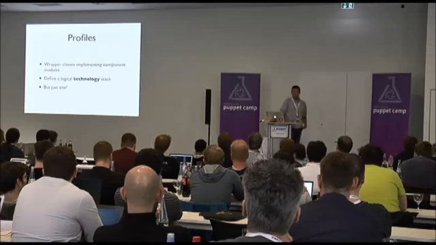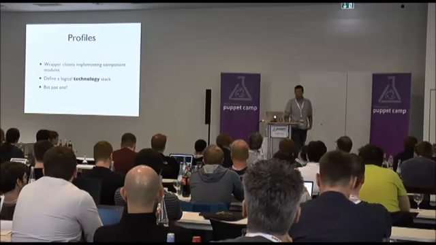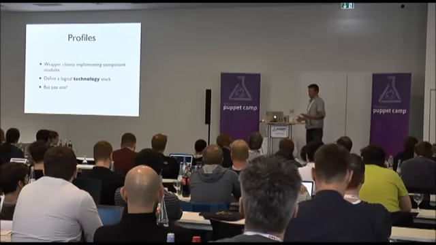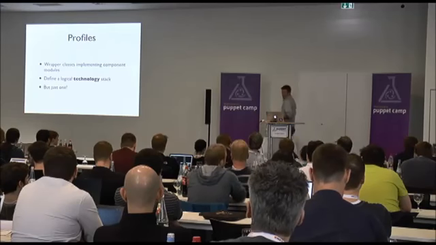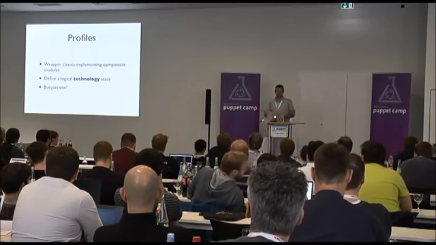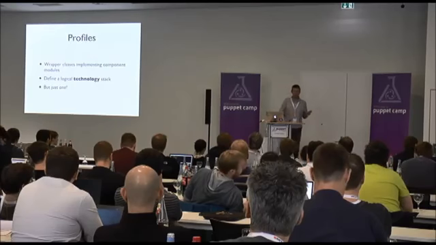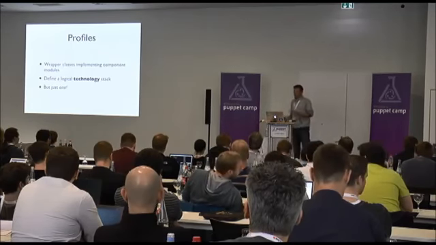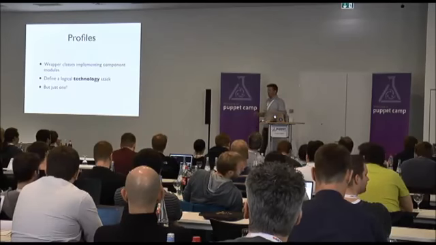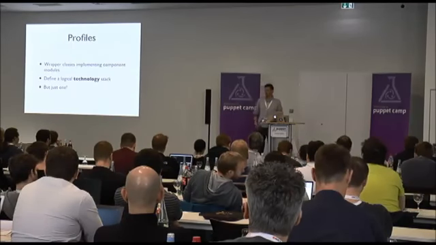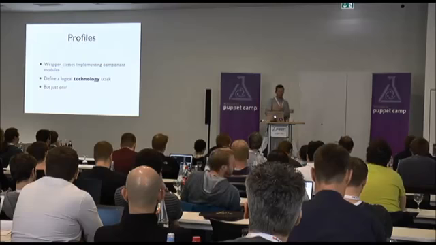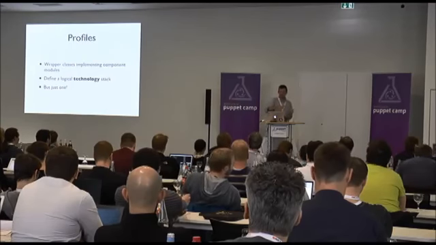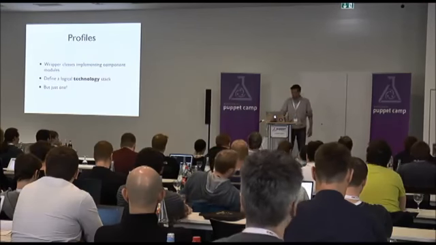So a profile is effectively a wrapper class implementing those component modules. And we use profiles to define a logical technology stack, emphasis on technology, not business logic. But just one, we don't want to fall into the problem with modules where we're trying to do too much in one place. So a profile should be limited to the things that make up logically that technology stack, not the whole world.